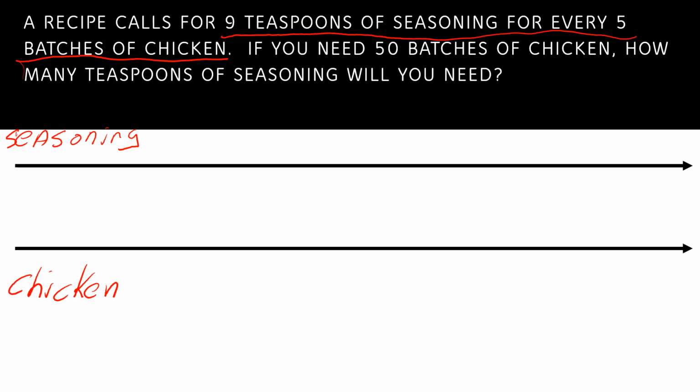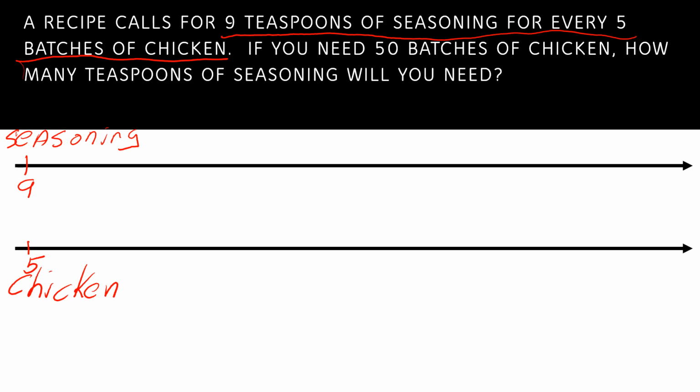This will reference how many batches of chicken we need and how many teaspoons of seasoning will be needed for the batches of chicken. So we notice that our rate is 9 teaspoons of seasoning for 5 batches of chicken.